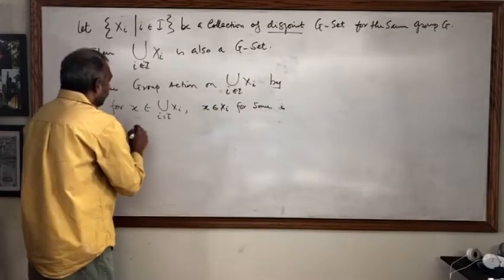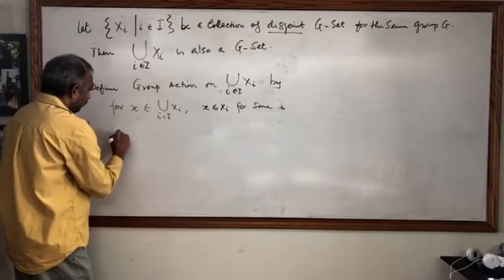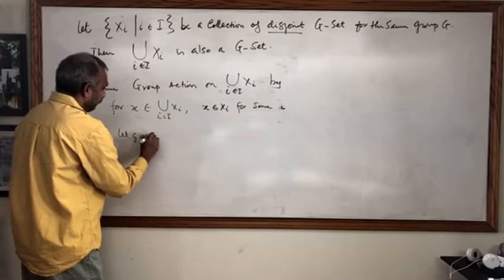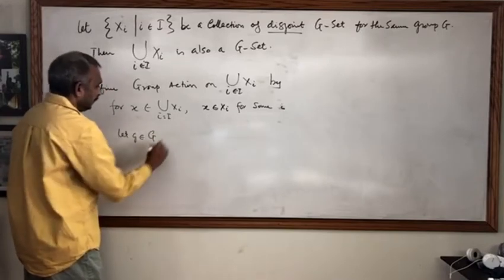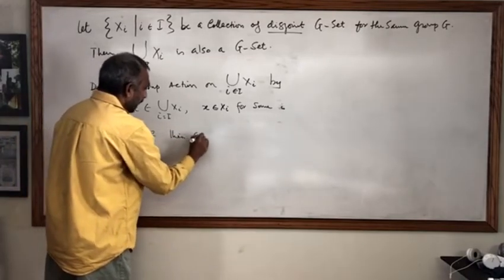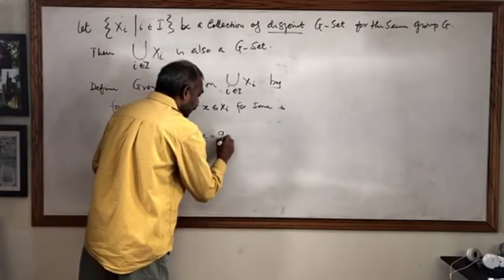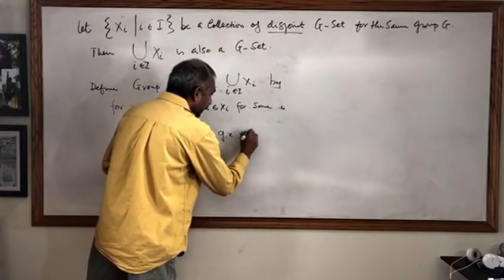Okay, then let g belong to G, then gx is equal to gx in Xi.